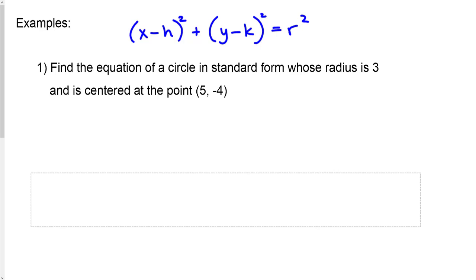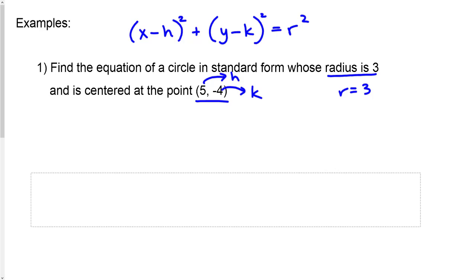So in this situation, I have a radius of 3. So from this, I learned that r is equal to 3. And the center is at 5, negative 4. So the 5 is my h, and the negative 4 is my k. Basically, I just need to plug these numbers in.